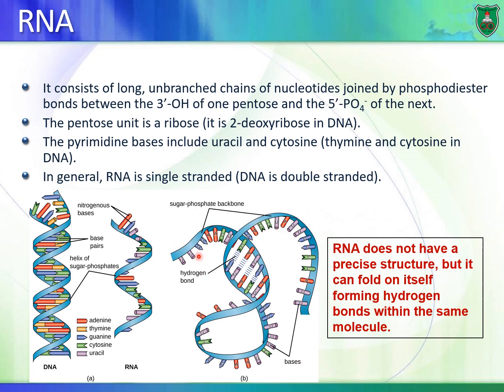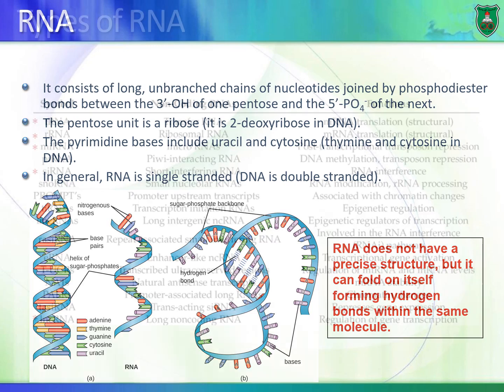Within these structures, you can have the formation of hydrogen bonds whenever you have bases complementary to each other. They can loop around and form hydrogen bonds among themselves. So different RNA molecules can have different three-dimensional structures. RNA is different from DNA in that regard.